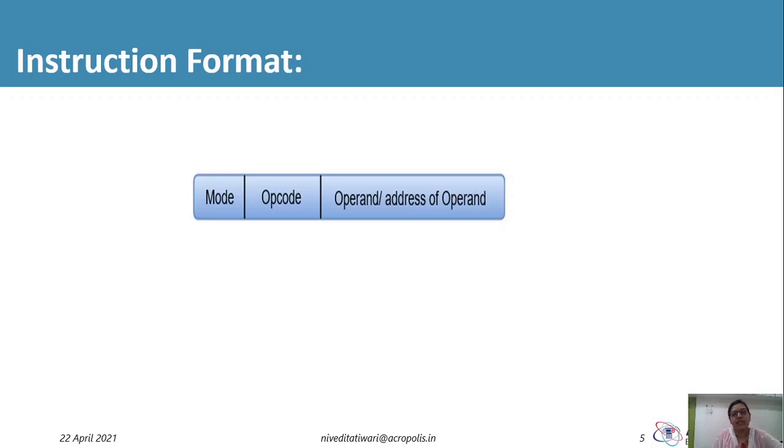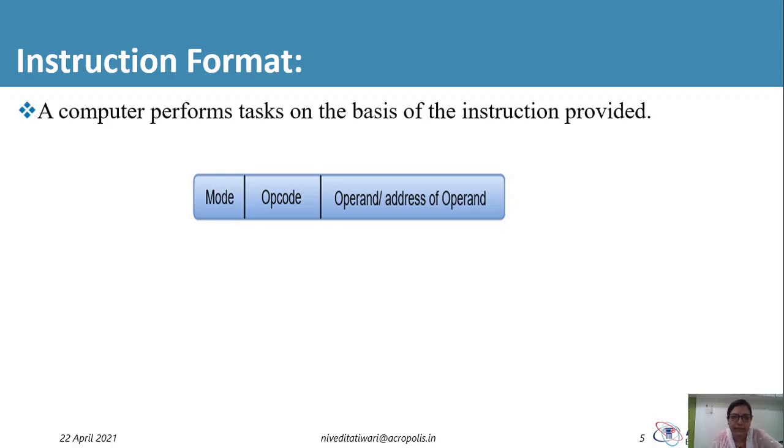Next, the instruction formats in which your instruction is stored in computer memory. Basically, a computer performs different types of tasks in the form of instructions, and we provide this instruction in a specific format.